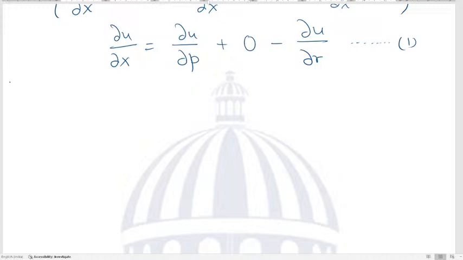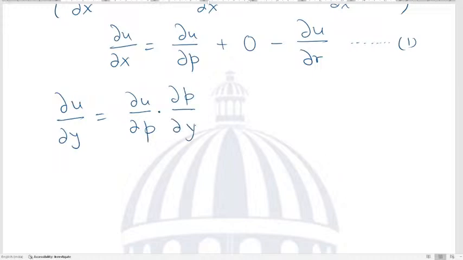Similarly, now we'll go quickly, right? So we'll find out ∂u/∂y. ∂u/∂y is again the total derivative, ∂u/∂p. See, we have got three new artificial variables, so for each of these variables, we have to do the same thing. What are we doing?